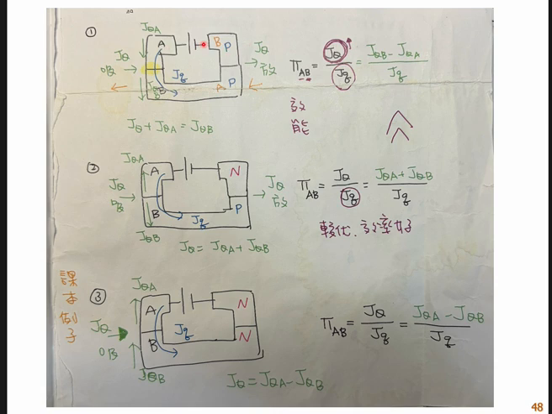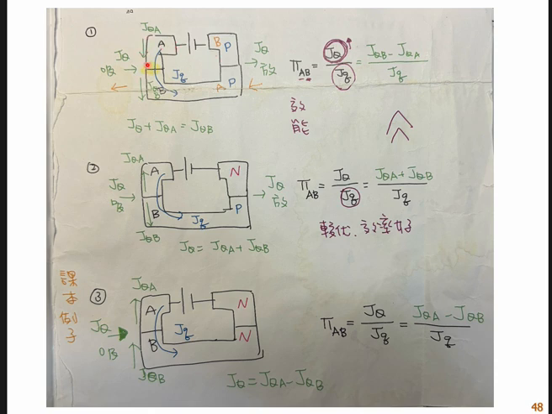For example, if it's p-type, the heat flow will be along the current flow, so downward, and this also downward. So you have downward, downward, right?